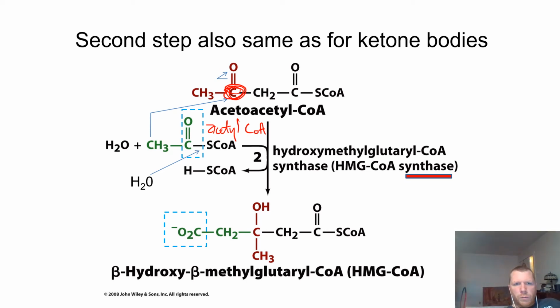And one thing that I'd like you to remember is that it's this carbon right here that ends up forming a carbon-carbon bond with this carbon right here. We use water to break that bond, releasing our coenzyme A and giving us our HMG-CoA. So this is identical to that of our ketone body biosynthesis, but our stopping point, or kind of our diversion, is whenever we have this HMG-CoA. Then we're going to go on to begin isoprenoid or isoprene biosynthesis.